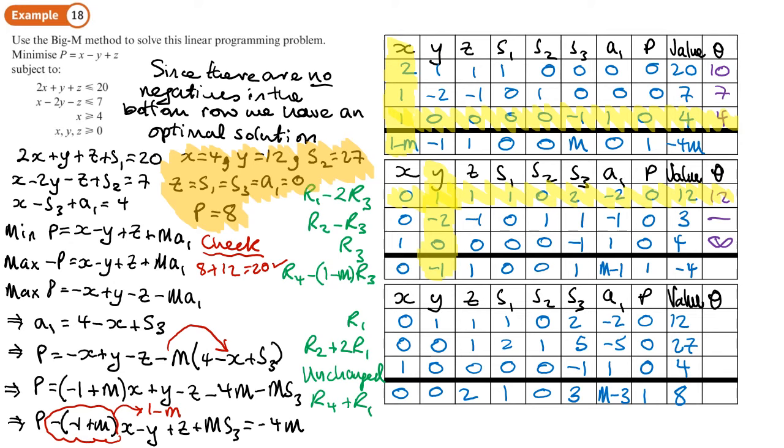Second equation, x, which is 4, minus 2y, so that's minus 24, 2 times 12, minus z, which is 0, plus s2, which is 27. That does give me 7, so that's correct. 4 minus 24 is negative 20, plus 27 is going to be 7. And then the last one, x, which is 4, minus s3, which is 0, and a1, which is 0, gives me 4. So that's just a check that shows me that those optimal solutions satisfy those equations.